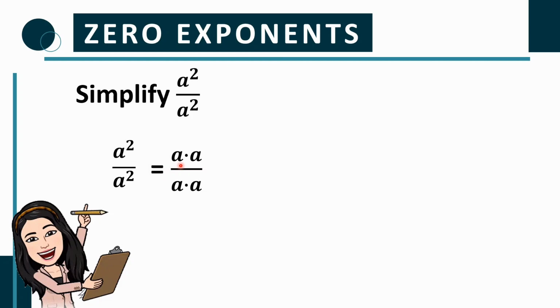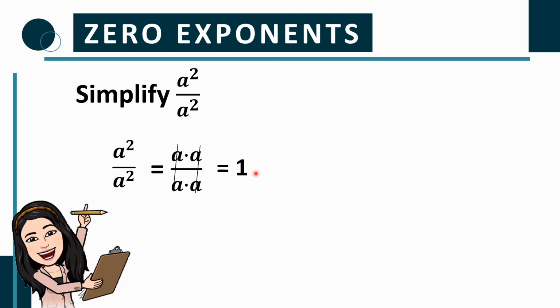Tama ba? At itong denominator natin, ganun din, a times a. So, applying cancellation, makakancel natin si a, so matitira na lang dito ay 1. Tama ba? Sa denominator, 1 din. So, therefore, that is equal to 1.